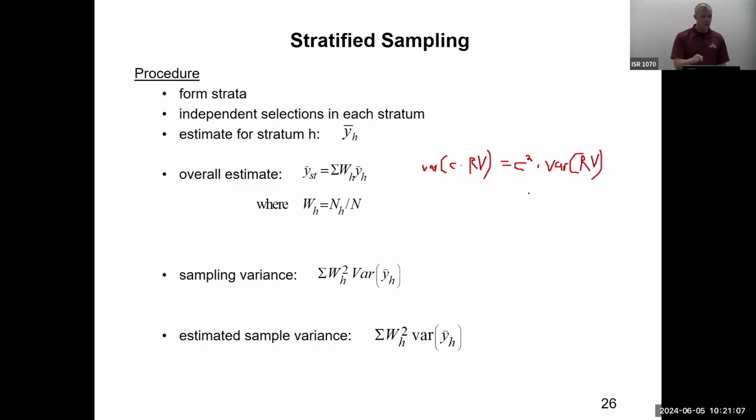The key thing that I want you to observe about stratified sampling is that the overall variance of that estimate is entirely defined by within stratum variance. The variability between the strata in terms of our mean of interest, we don't even see it here. Why? Because it's fixed by design.